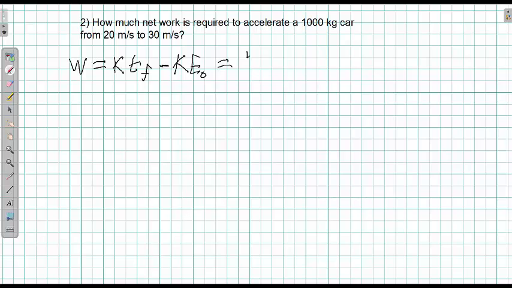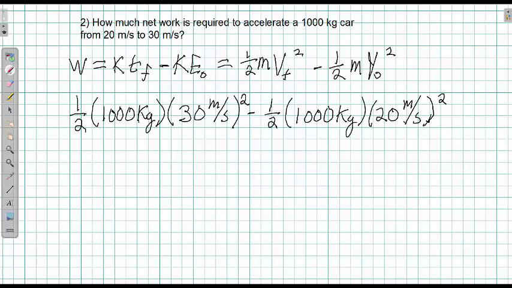Remember, that's 1/2 mass times velocity final squared minus 1/2 mass times velocity initial squared. So I end up with 1/2 times 1,000 kilograms times 30 meters per second squared, minus 1/2 times 1,000 kilograms times 20 meters per second squared. Plugging it into my calculator, that ends up being 2.5 times 10 to the 5th joules, or about 250,000 joules.